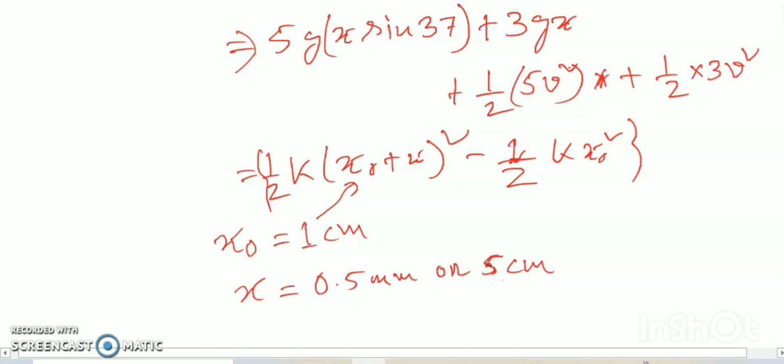So this part we need to understand the concept. What is the concept? Law of energy conservation. Initial energy and final energy are always equal.